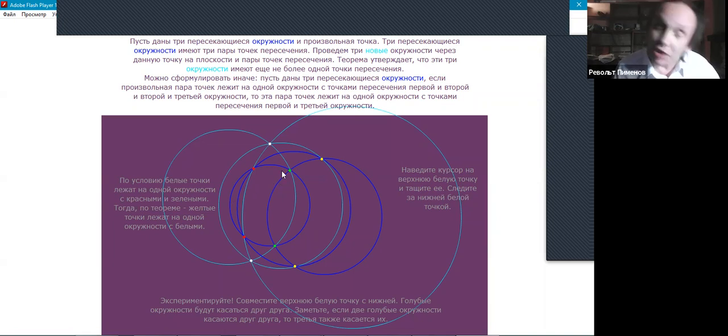And in this picture, we see three intersecting circles. Three intersecting circles, as I named it, three-circular, is a very important figure in the geometry of circles, because three intersecting circles define symmetry or inversion, as well as two pairs of points. It is a symmetry where points in a pair change their places.